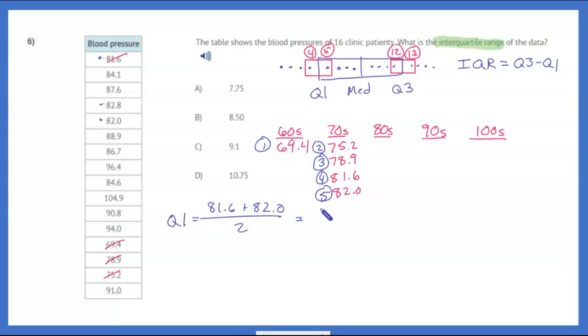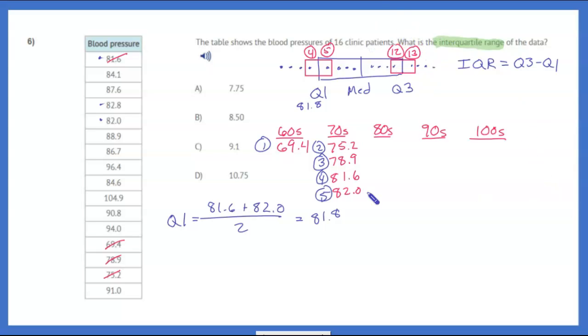Divide that whole thing by 2, and I get 81.8. All right, so we have Q1. Hooray! We have half of what we need. Now we need to find Q3. We need to find these 12th and 13th values.